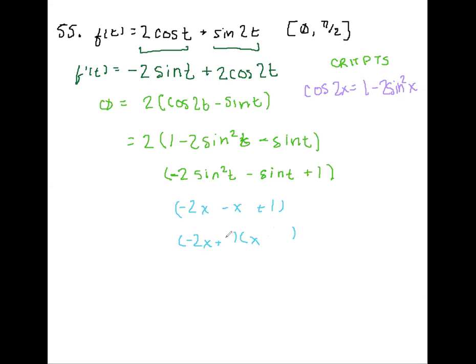It's going to be either plus 1, minus 2x squared plus x minus 2x plus 1, minus 2x squared minus x plus 1. That's what we want, right? Sweet.